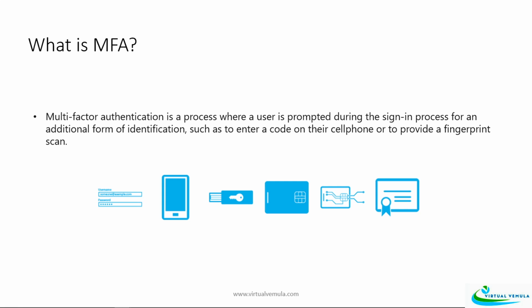Maybe you're asked to validate your biometrics, or maybe you're asked to punch in some code that you get as an OTP, or maybe a code on your device, or maybe use some authentication app and acknowledge the approval of your login. So Azure provides exactly the same methods, whatever I just explained, when it comes to multi-factor authentication.